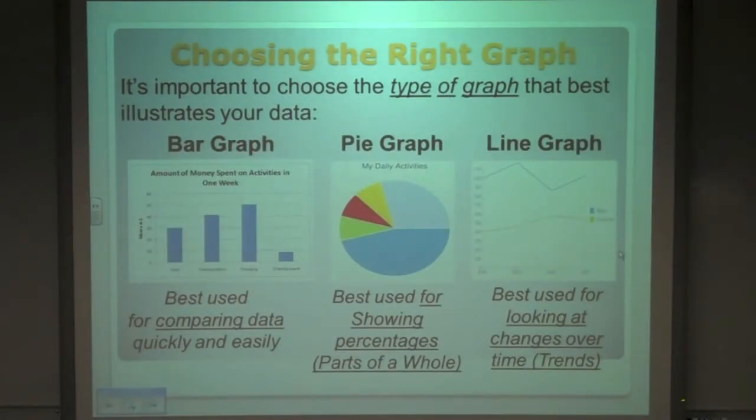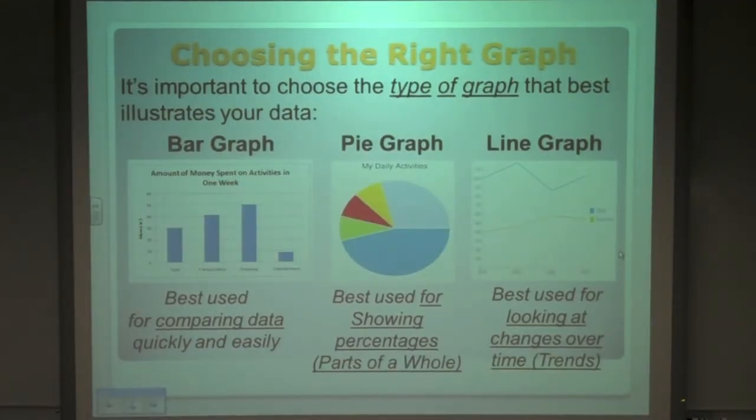There are three major types of graphs. Okay? We have bar graphs, pie graphs, also known as circle graphs, and line graphs. All of these are going to display different types of information. For example, a bar graph is best used for comparing data quickly and easily. If I'm comparing numbers or comparing one thing to another, I would use a bar graph.